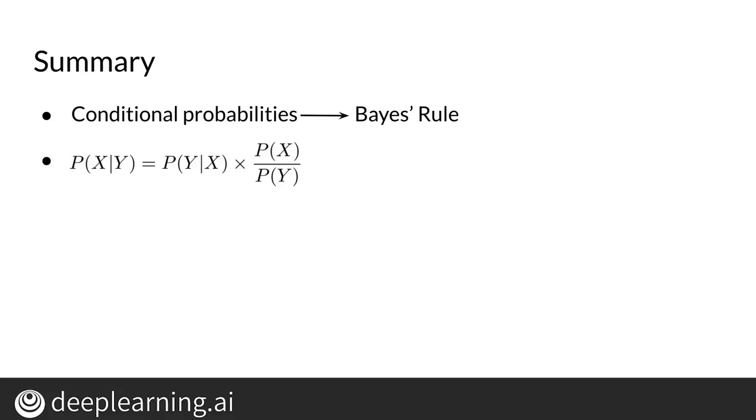Throughout the rest of this course, you'll be using Bayes' rule for various applications in NLP. The main takeaway for now is that Bayes' rule is based on the mathematical formulation of conditional probabilities, and that, with Bayes' rule, you can calculate the probability of x given y if you already know the probability of y given x and the ratio of the probabilities of x and y. So that's great work. I'll see you later.